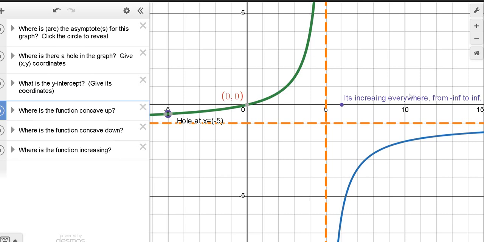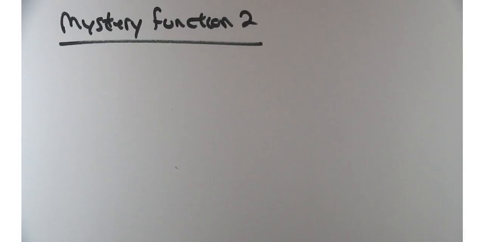Technically, I guess you should put negative infinity to negative 5, union negative 5 to infinity, with parentheses and all those things, because at 5 itself, the graph's not increasing or decreasing, it's just undefined there. So, nice. Comments or thoughts on that one? Alrighty, let's wrap that one up.